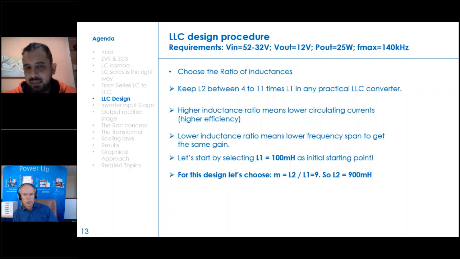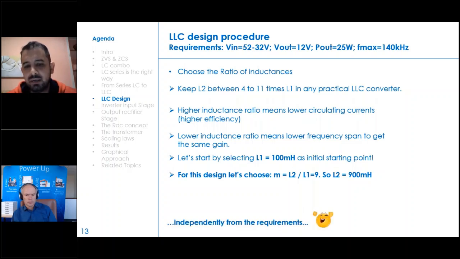Let's start by selecting the smaller inductor that I have called L1 equal to 100 millihenry, just as the initial starting point. And for this design, I choose an inductance ratio that is 9. So L2 is 900 millihenry.